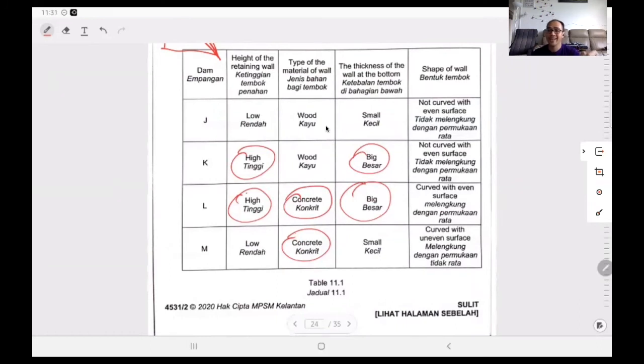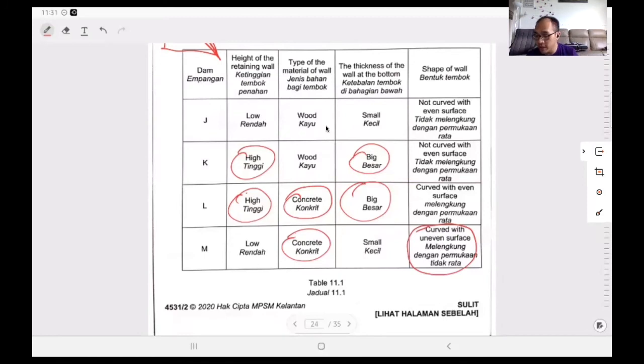Interesting question. Okay, actually, the correct choice, according to this, and I kind of agree, the correct answer is this, curved with uneven surface. Okay, the correct answer is this, curved with uneven surface.